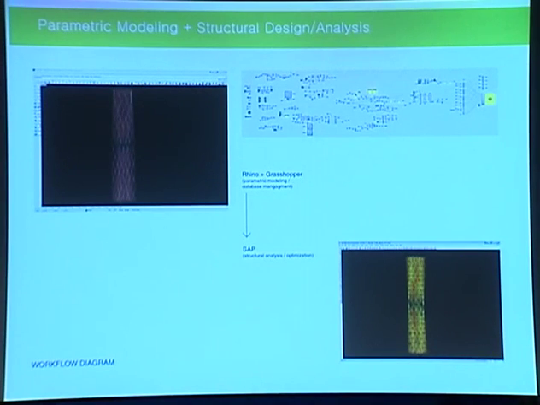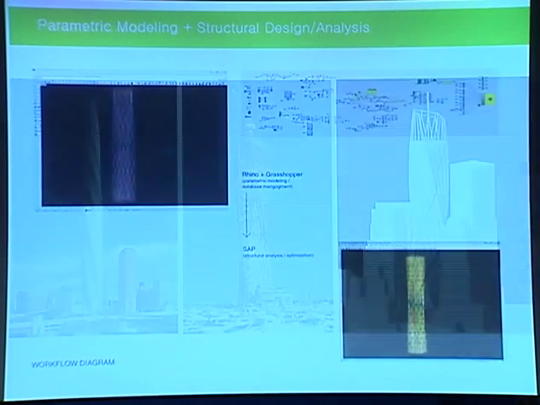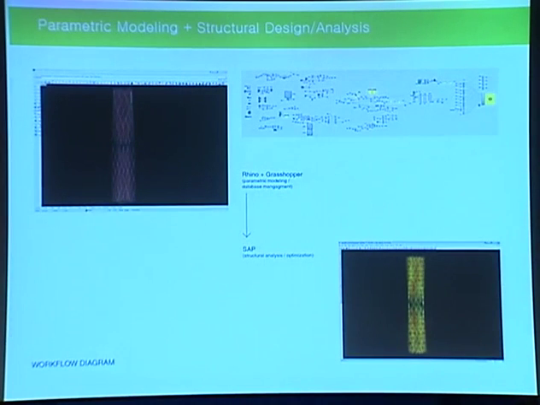In order to investigate the impact of the various geometric configuration variations, such as the rate of twisting, the angle of tilting, and the rate of fluctuation of the freeform, I began with parametric modeling using Rhino and Grasshopper, and then the models were exported to structural engineering software. In my case, I used SAP 2000, which is very popularly used in the United States, and probably in Korea as well, I believe.